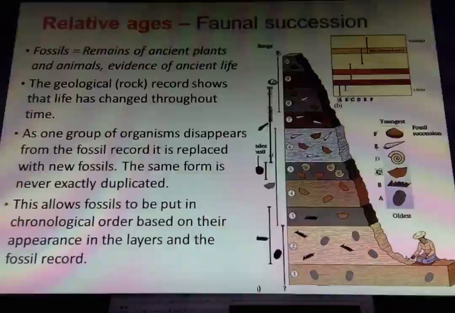So this idea, our examination of faunal succession, has very much come from geological records preserved in the United States, in Western Europe, and much of Asia. So lots of work being put into the analysis of fossils that are trapped and have been recorded in the various layers of sedimentary rocks throughout the planet.